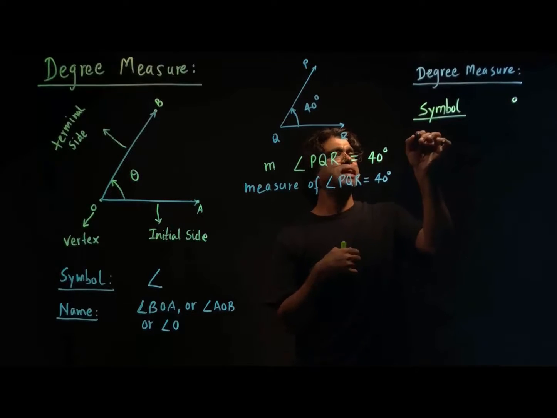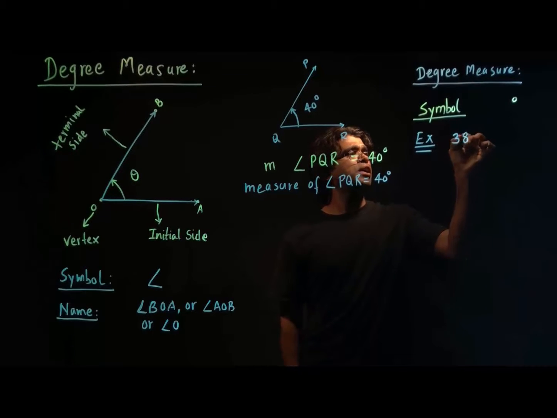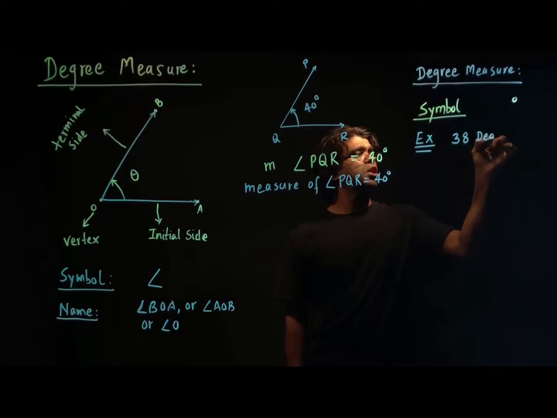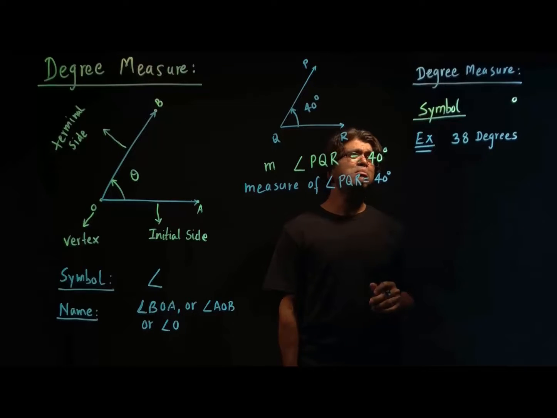Now let's consider an example. My example is I want to write 38 degrees. If I write the value like 38 degrees, it's okay, you know how to write the angle.